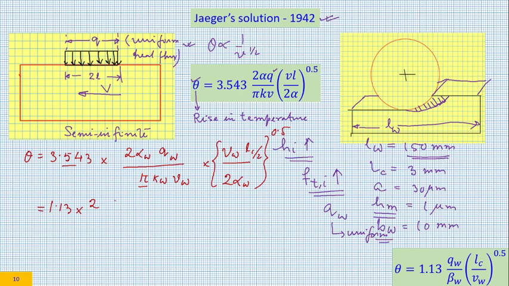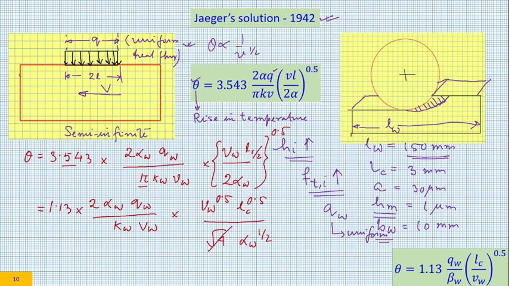into 2 alpha W QW divided by KW VW, and this side it becomes VW to the power 0.5 LC to the power 0.5. This 2 becomes 4, so it is square root of 4 and alpha W to the power half.